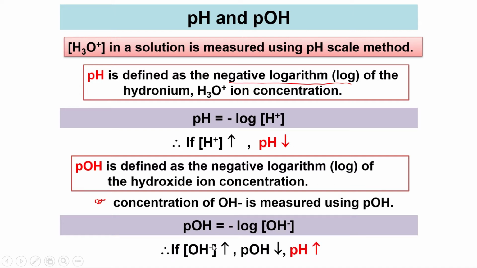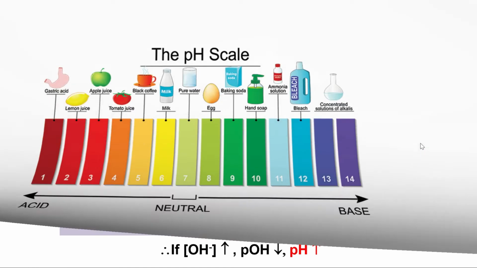So how does the concentration of hydroxide ion affect the pH value? If the concentration of hydroxide ion increases, pOH value decreases, and pH value will increase. But how does this happen? We are going to look through the relationship between pH and pOH later in the video.